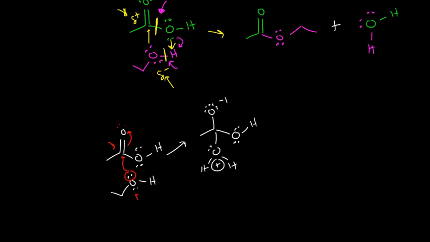For this reaction to proceed properly, we need to move the positive charge. So we do that by reaching out with this oxygen, pulling off the proton, and moving the positive charge. We now have the positive charge centered on the oxygen that was originally part of the carboxylic acid, and we've moved it off of the oxygen that was originally part of the alcohol.